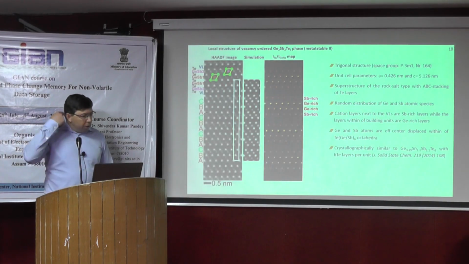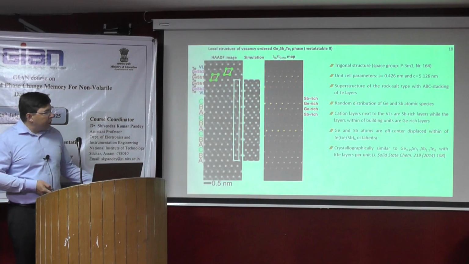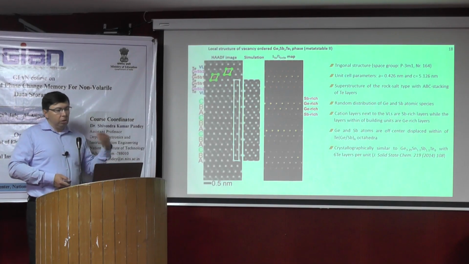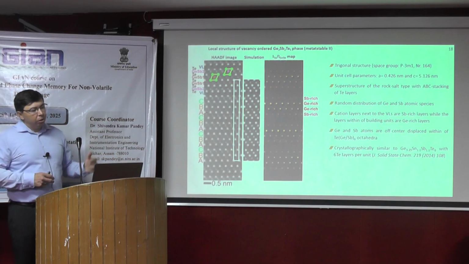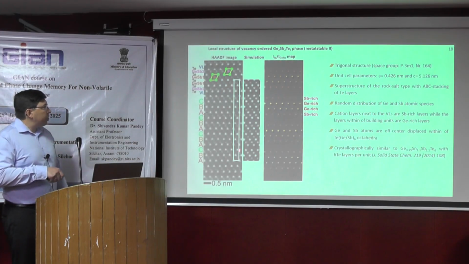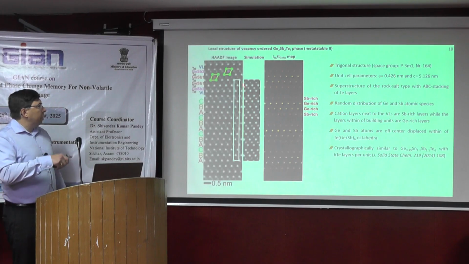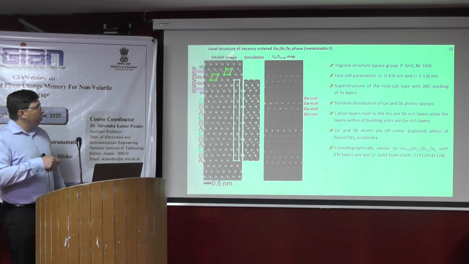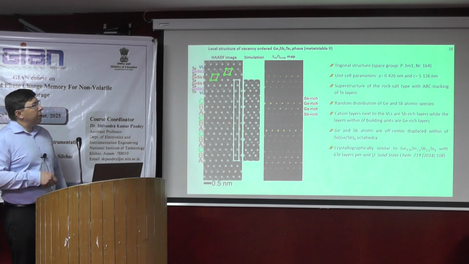From that we can also study the local structure of this vacancy ordered phase. If you have this highly ordered vacancy phase, we can derive the unit cell. Here we derive it from the epitaxial thin film. So this structure belongs to the trigonal structure.